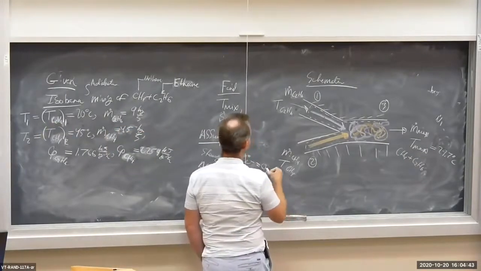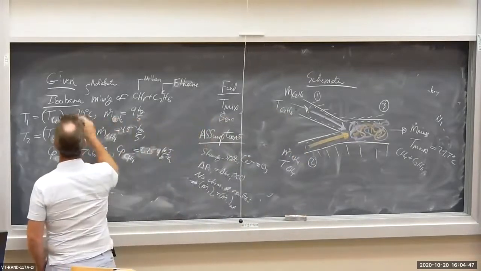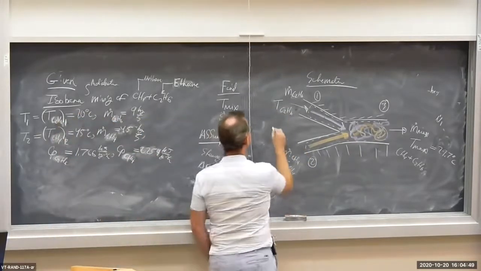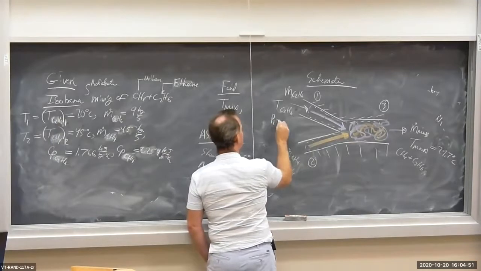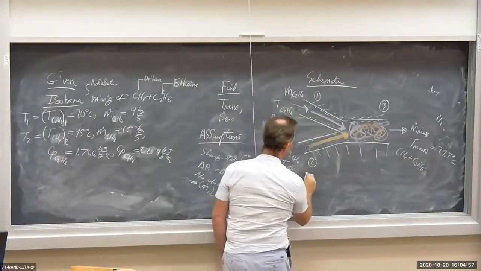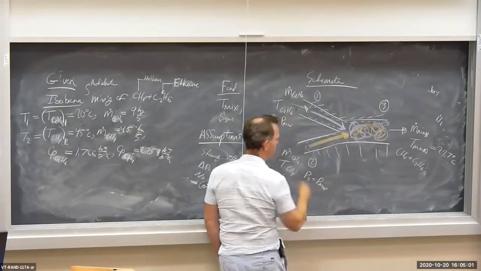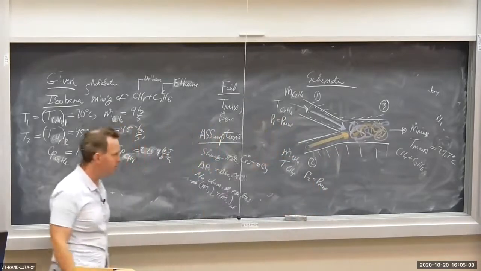So if it's isobaric, that means P1 equals P mix, and P2 equals the mixture pressure at the outlet, okay?